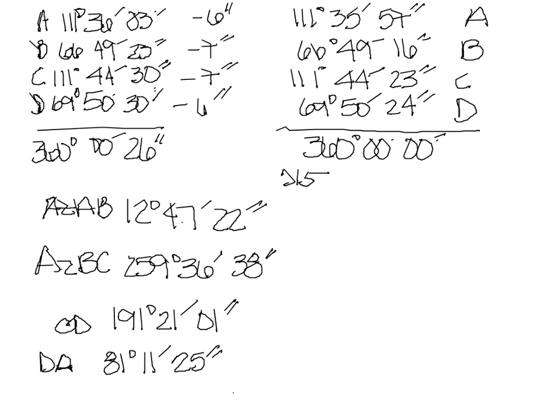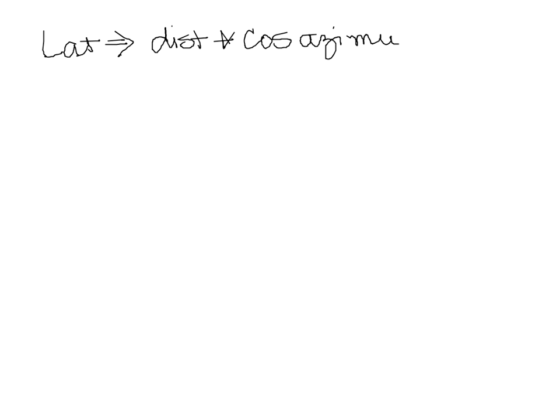We need our distances, which were given in the problem, in order to calculate our latitudes and departures. I'm not going to write all the distances down. They're on the sheet that you have. To calculate latitude, latitude is the distance of the segment times the cosine of the azimuth.